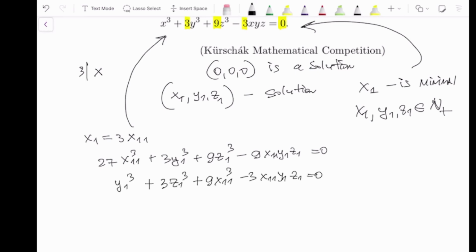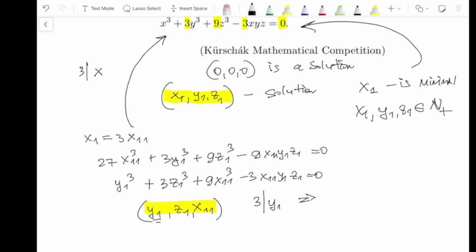It becomes obvious then that if x1, y1 and z1 is a solution, then y1, z1 and x11 is also a solution to the same equation. But now we see that y1 is divisible by 3.